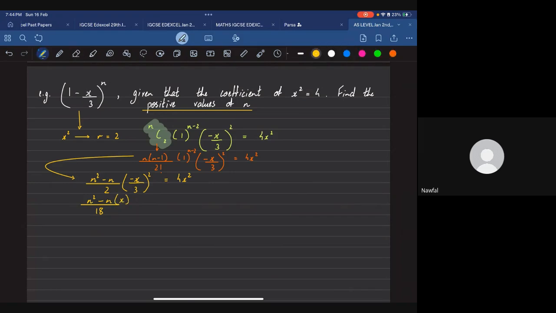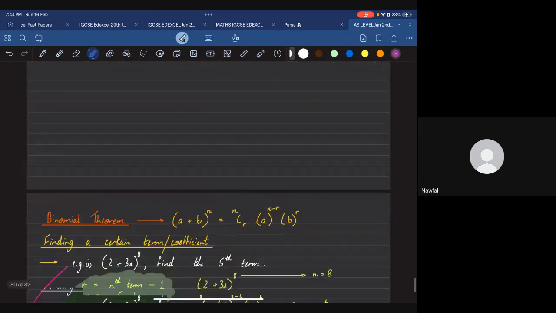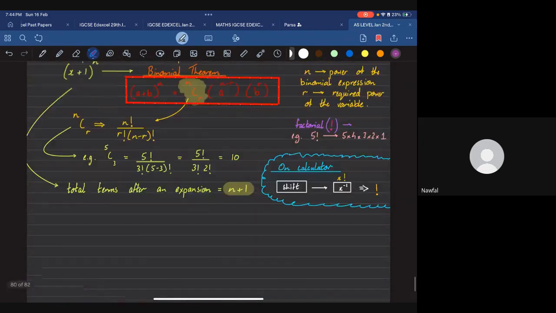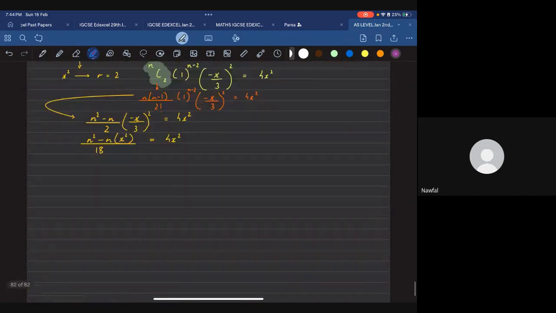So it's just going to be x squared inside the bracket. I'm not multiplying x right now. And this is equal to 4x squared. Now, guys, this technique is also known as coefficient comparing. I hope you guys know what that is. So always remember this.